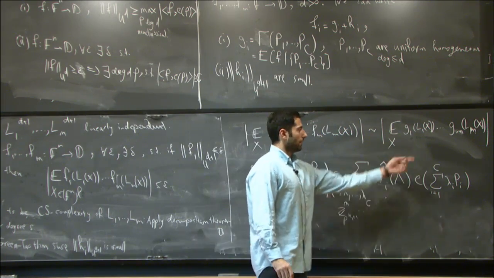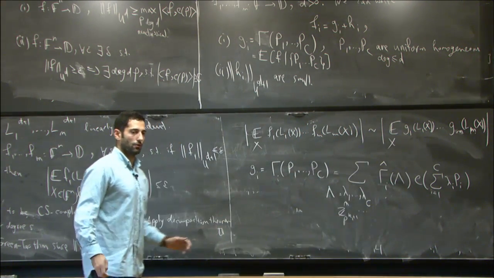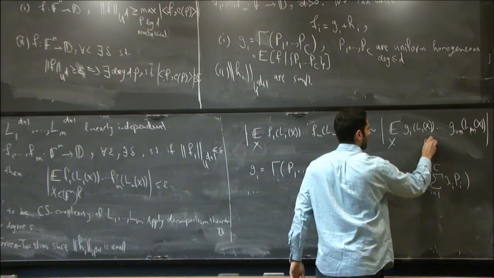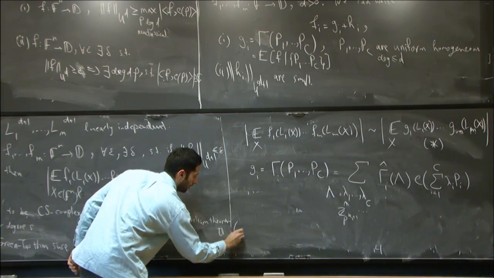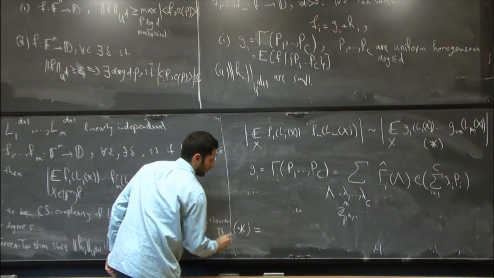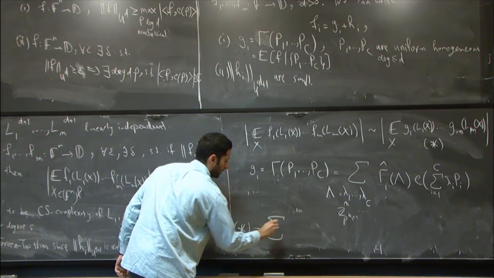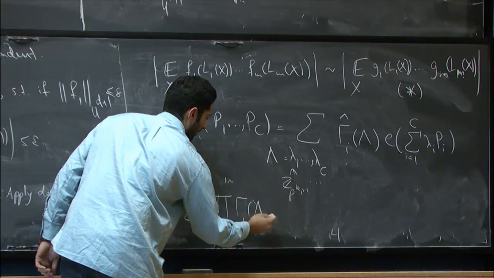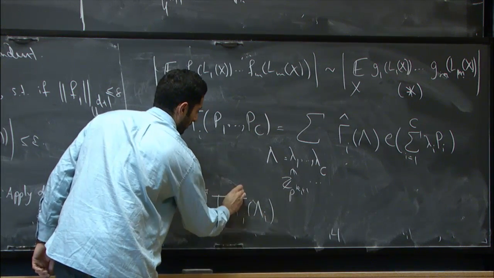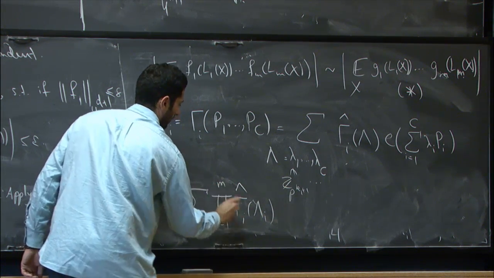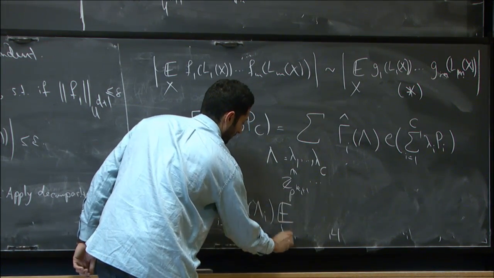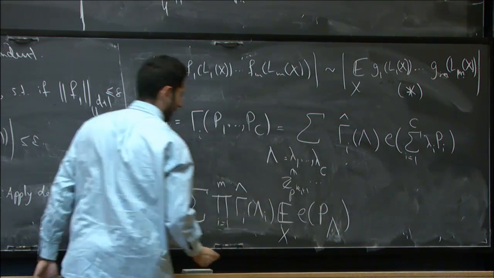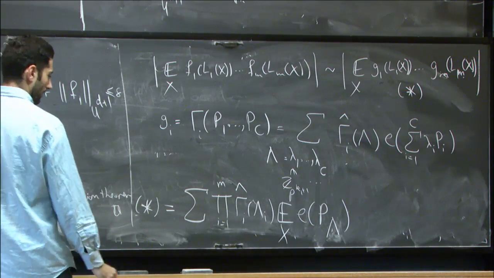So now we plug this in here and expand out the whole thing. So what we get is really, let's say this is star, equal to a summation of the product, i going from 1 up to n, of the expected value of x e of p gamma, where p gamma is defined the same way as we defined it there.